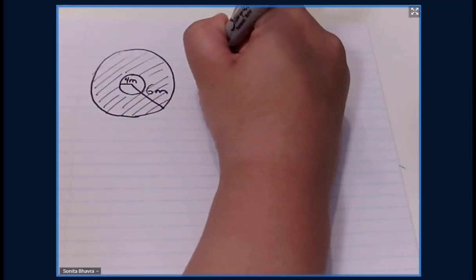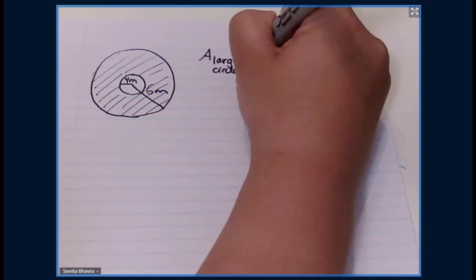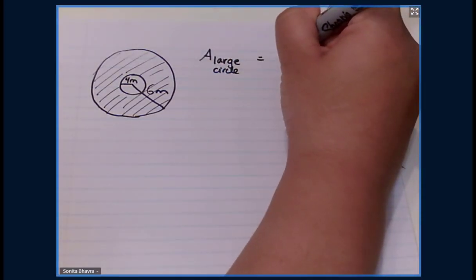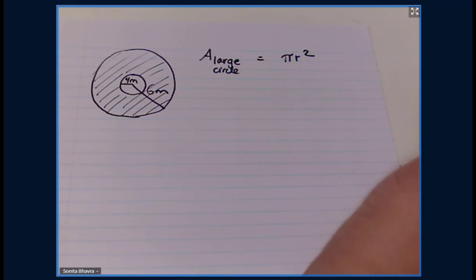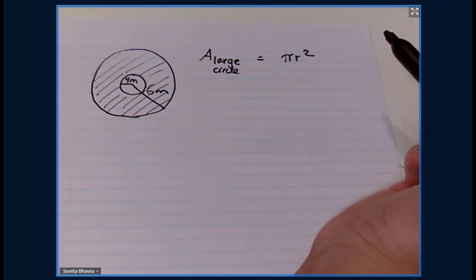Okay, so in this example, in our figure, we have a circle, a larger circle, and we have a smaller circle, and we just need to figure out the area of the shaded part. So let's do area of large circle. So area is pi r squared, and our radius is given as 6 meters.